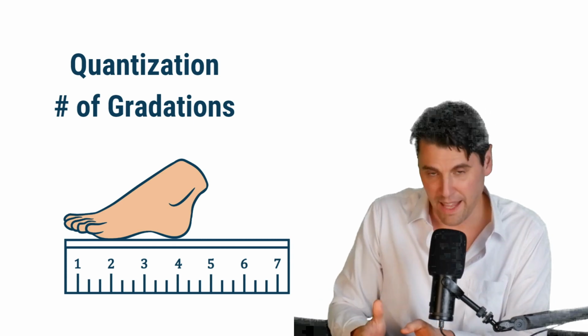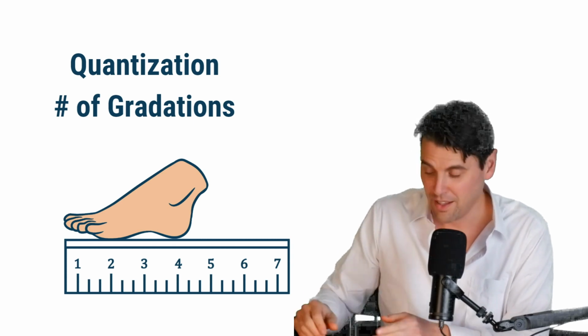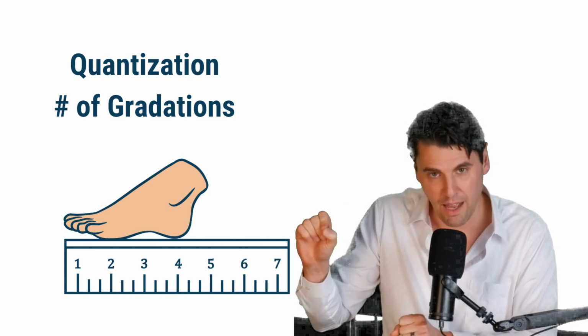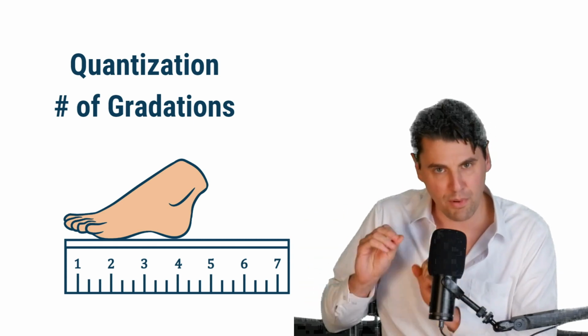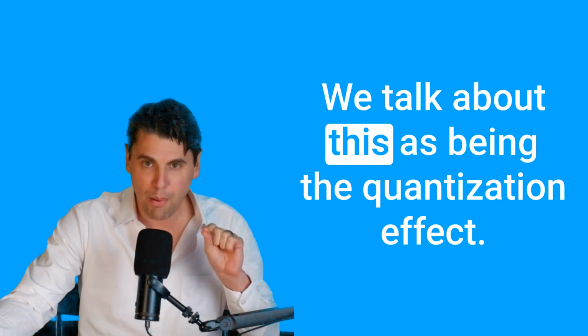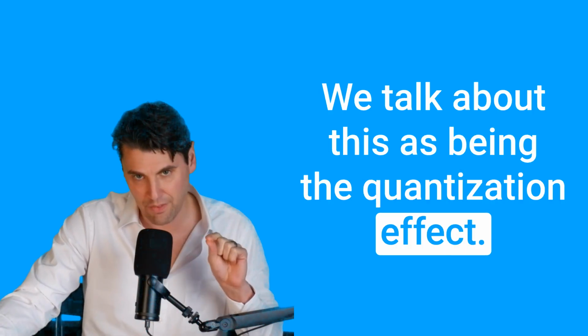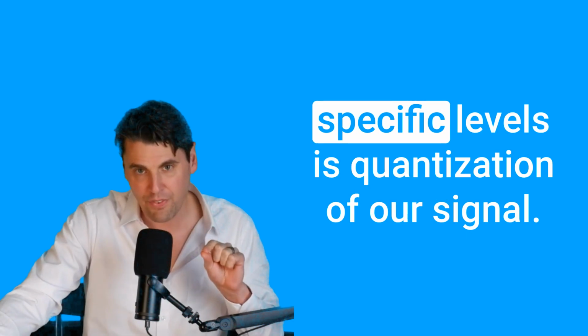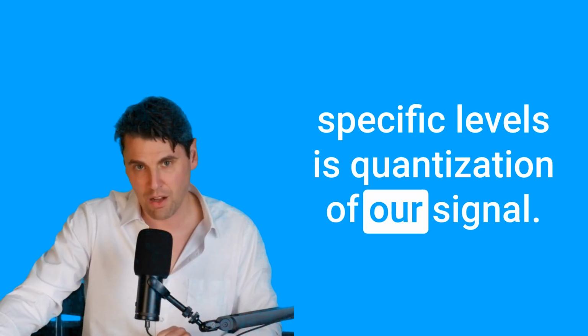So we've gone from an analog distance of how long is your foot to that digital number. And based on the ruler and how many tick marks we have on the ruler, that determines the precision of our measurement. We talk about this as being the quantization effect. So there's specific levels, and the fact that we have specific levels is quantization of our signal.